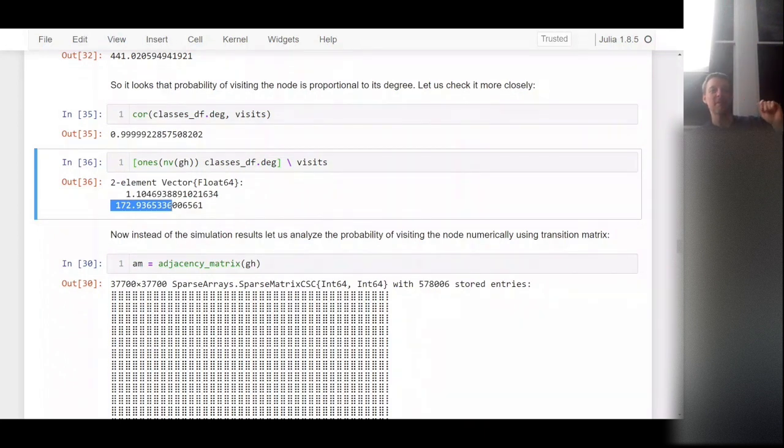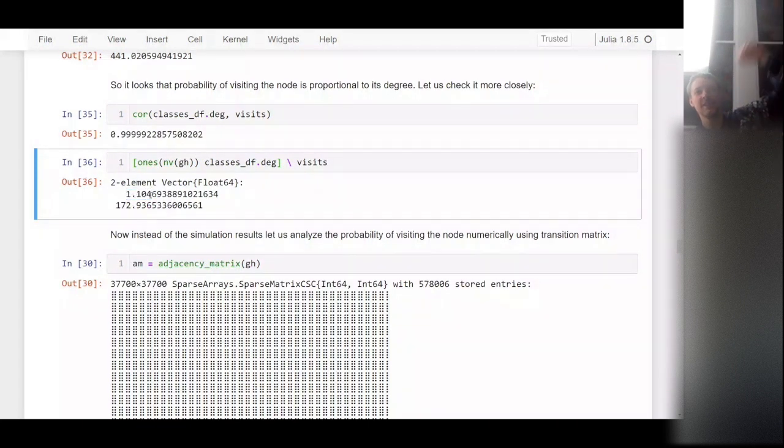So actually the number of visits has a direct linear relationship with the degree. Of course this value is not exactly 0, again, as you have said, because it's a random process, but in relationship to this value, we see that it is essentially 0.